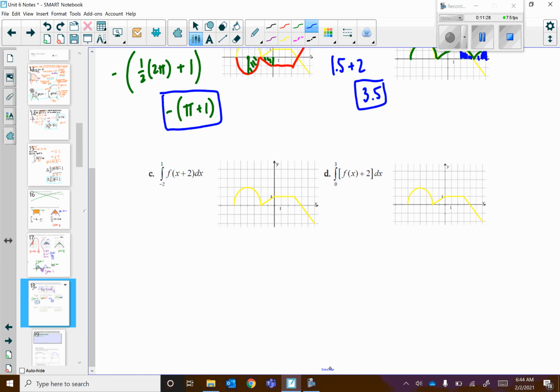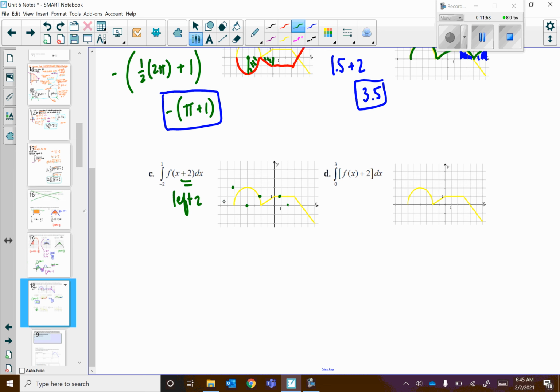For these next two, I am going to remind you of the transformation and then let you try and figure out what area we're doing. This first is f of x plus 2. Ooh, we got to think back to our transformations. Plus 2 is going to move it to the left 2. So each piece is going to be 2 to the left.